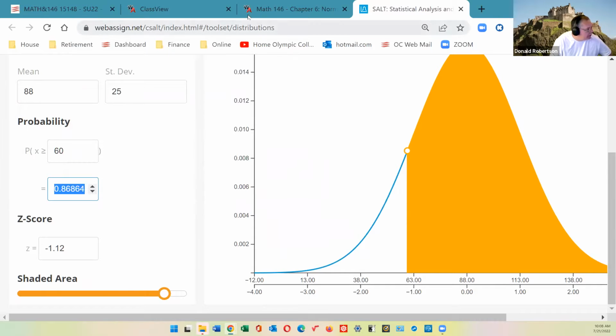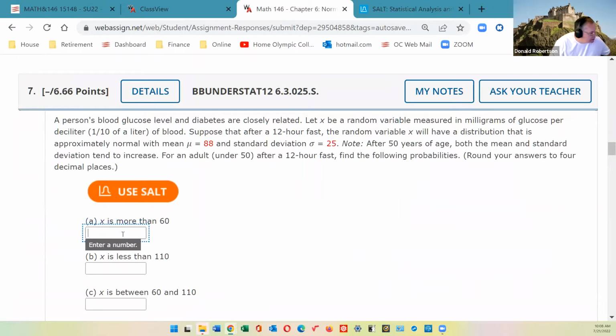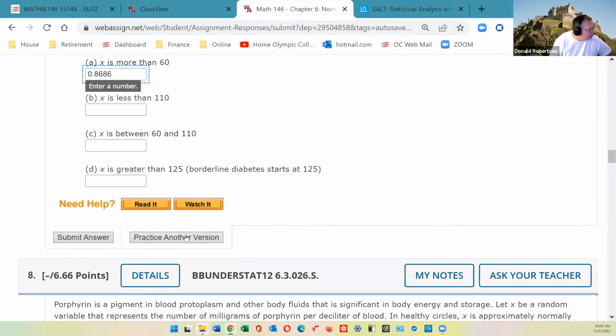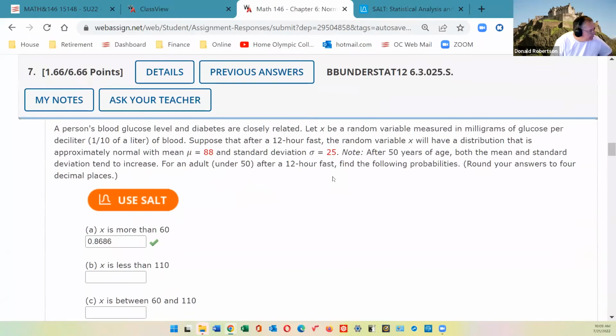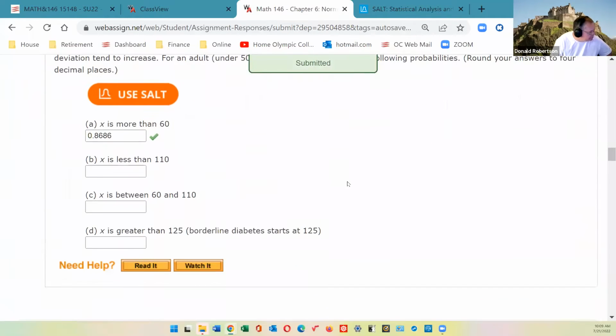So I'll copy it and I'll place it in here. And it's a typical 4 decimal place answer. So what's that, about 86.86% chance, which is pretty much a large majority of people that would be true for. And there we go.